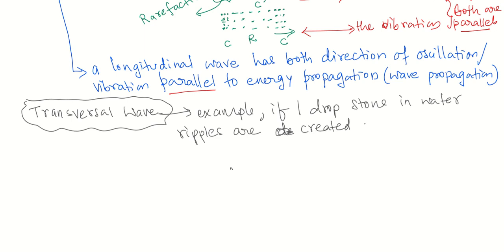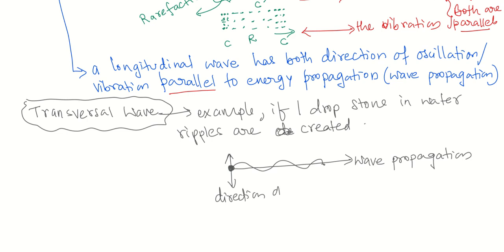So if I drop the stone here, the water molecules here will vibrate up and down, but then the wave will go this way. See, this is the direction of the wave. So this is the wave propagation, right? And this is the direction of the vibration.